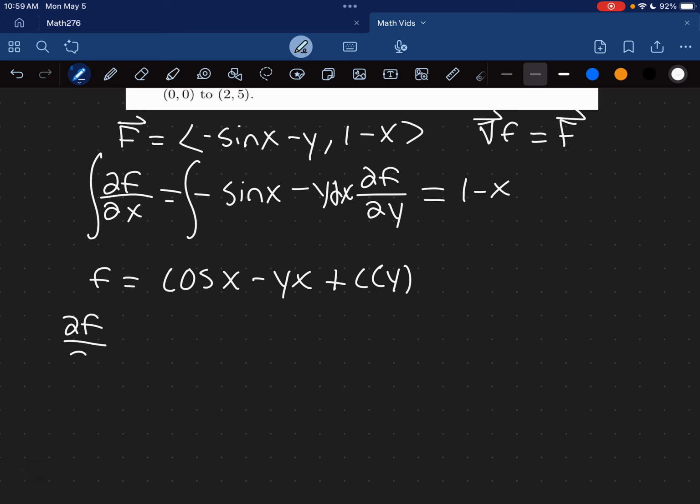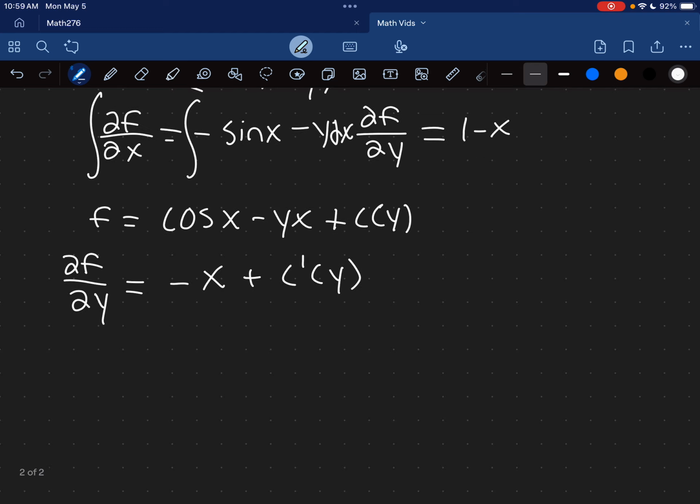So the partial derivative of this with respect to y: cosine x is just a constant in this case. The derivative of negative yx just becomes negative x, plus we'll call this c prime of y. And we know this is equal to 1 minus x. So our x is canceled, and we get c prime of y is equal to 1.